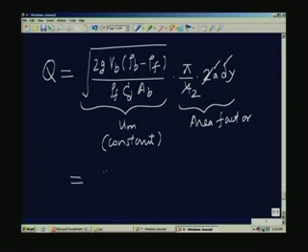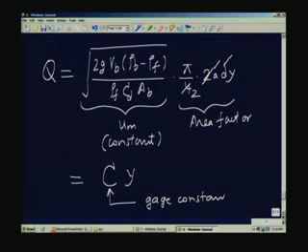So I can say this is nothing but some c times y, where c is a gauge constant. So basically the rotameter is a linear device where the volumetric flow rate is given by some constant times the position of the bob, which is noted down.